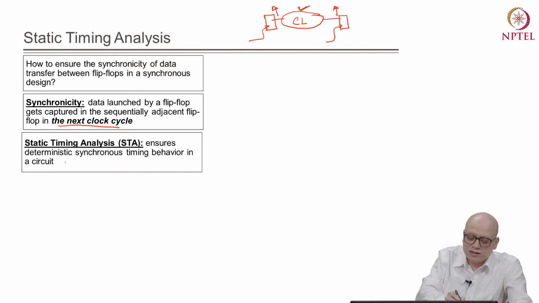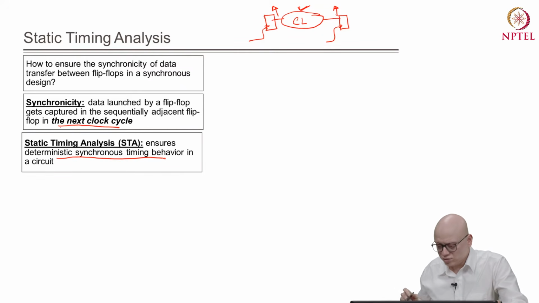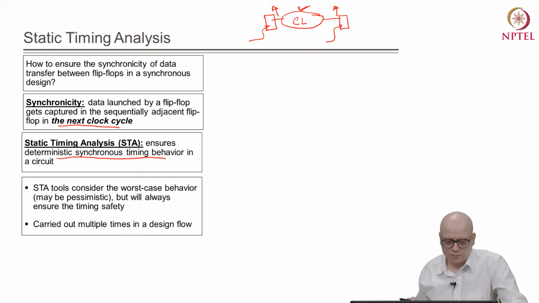So, it ensures deterministic synchronous timing behavior in a circuit. It will also look into, say, setup and hold constraints of the flip-flop, and if those are violated, it will be reported by the tool, right.